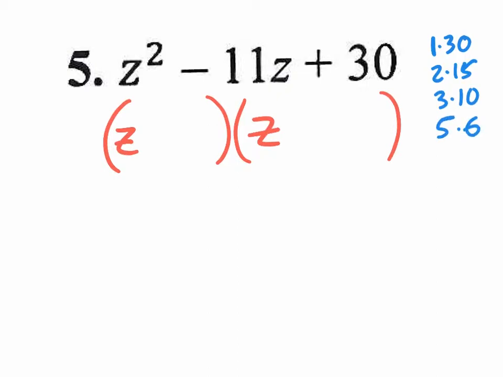So which pair of numbers combines together? 5 and 6, right? Now 5 and 6 combines together to give 11, and we want the b value to be negative 11. The b value is negative 11, which means we want this 5 and 6 to combine to give us that negative 11. So we have the right numbers. We just have the wrong signs. Change those signs. Does that make sense? So plug in that minus 5, plug in that minus 6, and you're done.